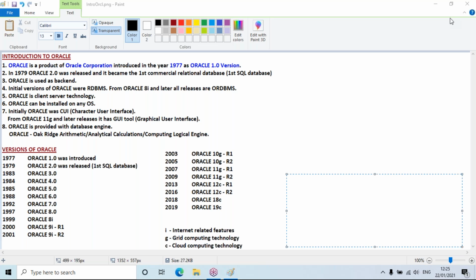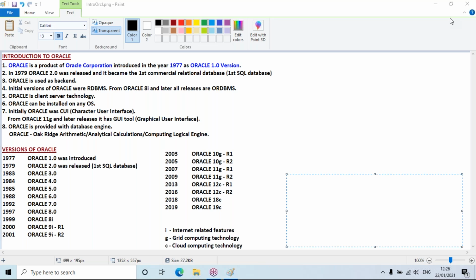Even very recently, I am taking corporate training for one of the government departments for Oracle. They are also using 11G in their department. So that version doesn't matter.